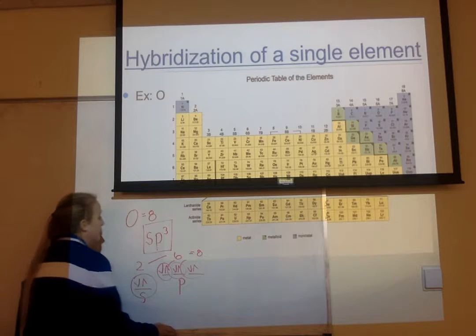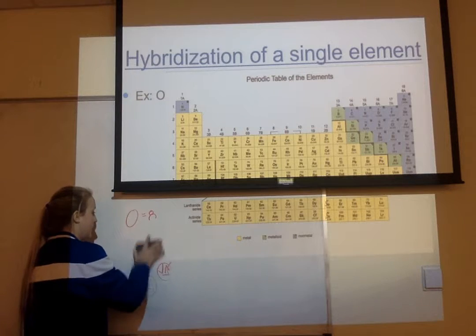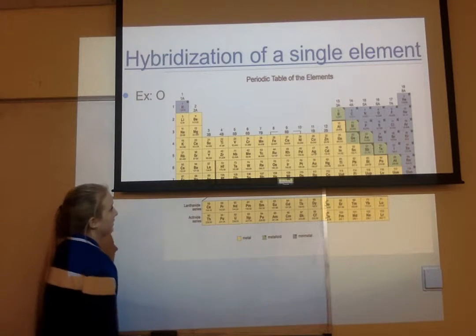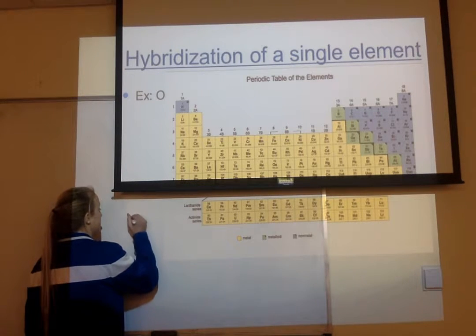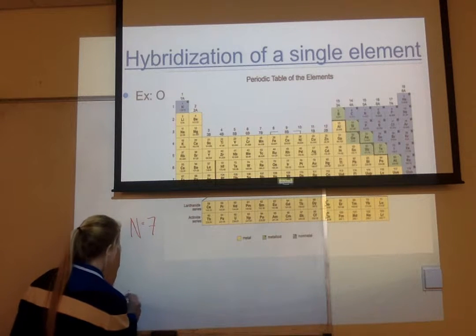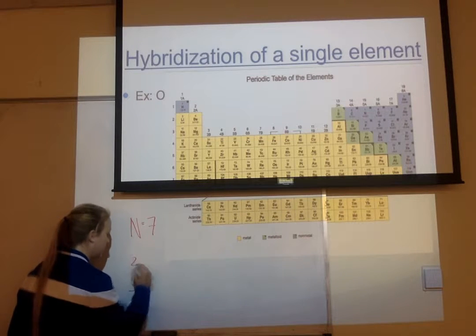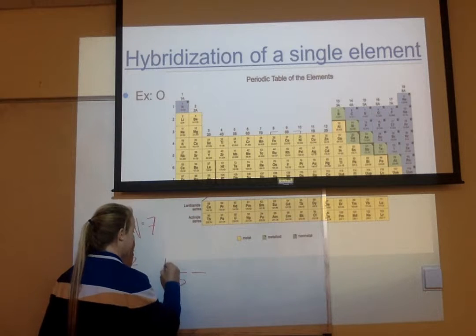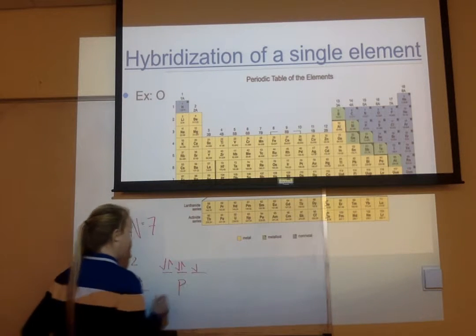Now, let's say we had an element that didn't have 8. Let's say we had nitrogen. Nitrogen contains 7. So now we're going to write s, 1, 2, so that's 2, and then p, 1, 2, 3, 4, 5.